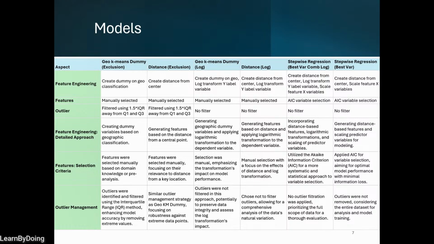About the selection of the variables, because we also have the choice of a distance or cluster, so there are also different choices. For example, if you calculate the distance of each house from the center, you are going to get an additional variable called distance. Or if you use clustering, k-means clustering, to separate these house regions, you are going to get another dummy variable.